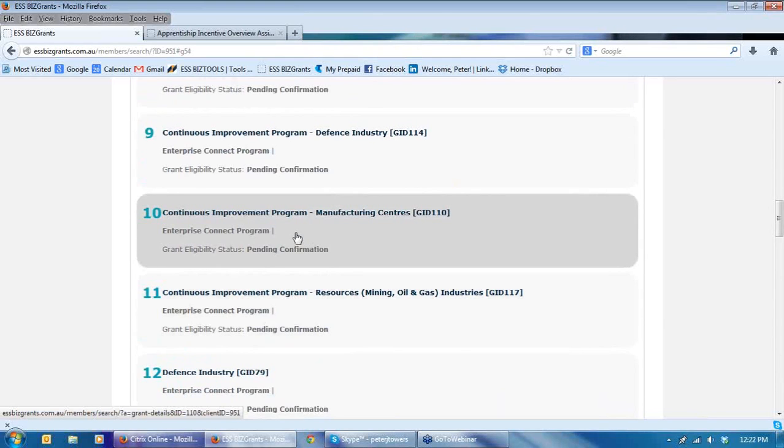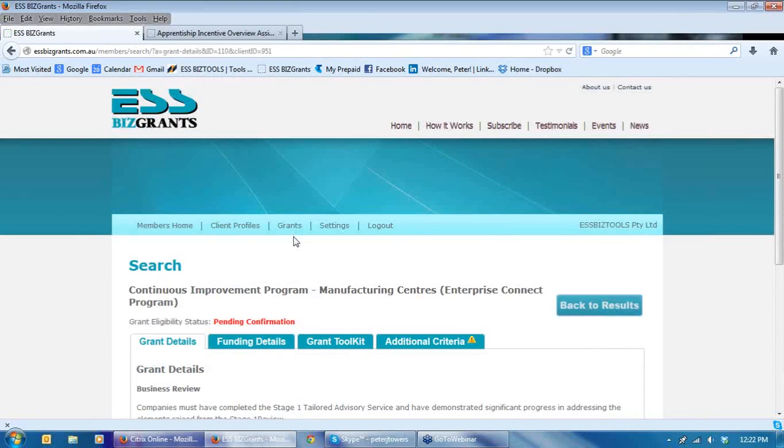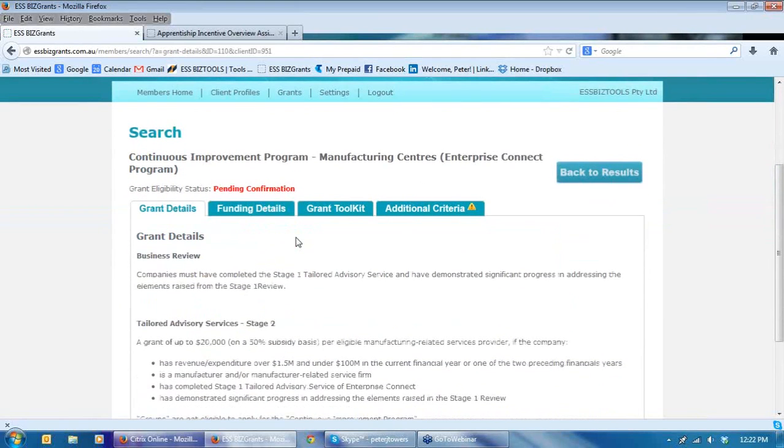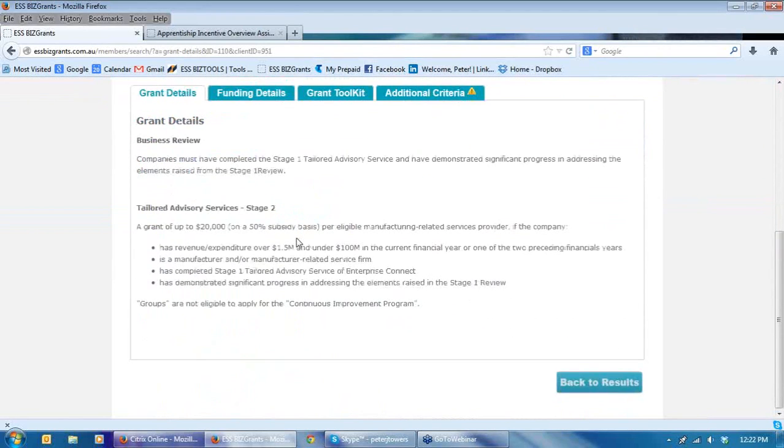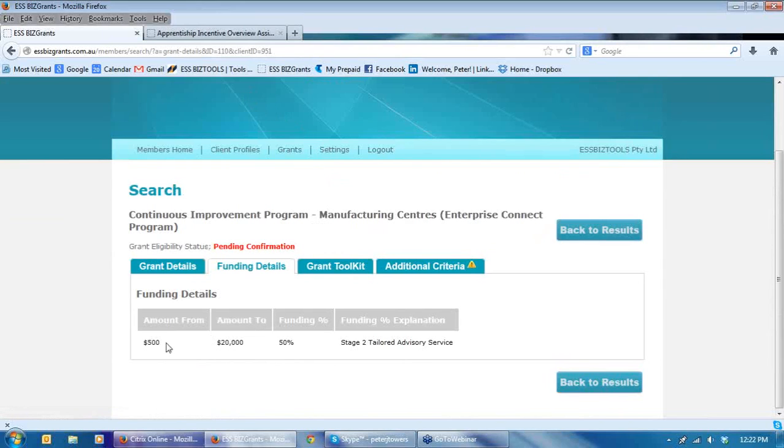Now this business, I mentioned the Continuous Improvement Program before. There's the Continuous Improvement Program. This is assuming that if you want to apply for this one, that this company has already been through the Tailored Advisory Service. So let's have a look at the funding details. So the funding details of this business could get up to $20,000 on a 50% basis.